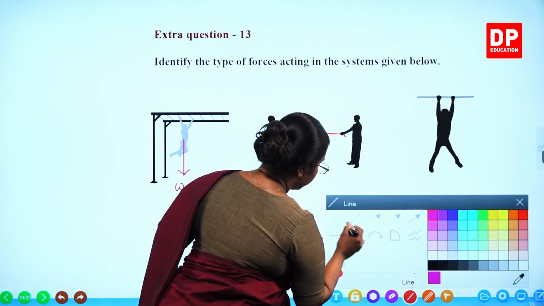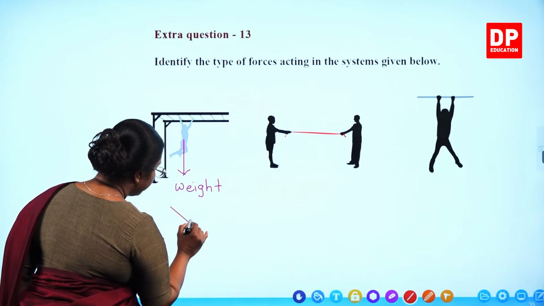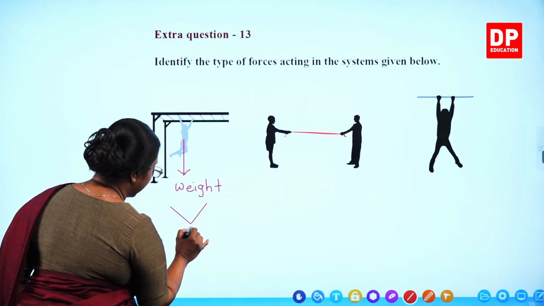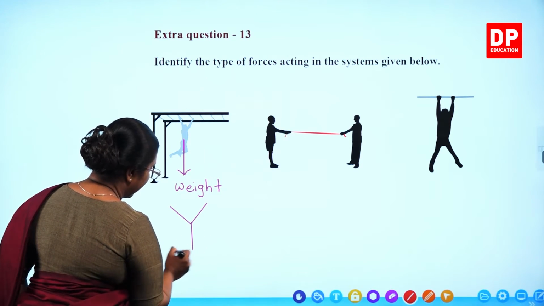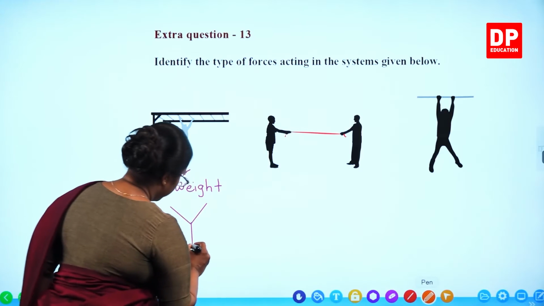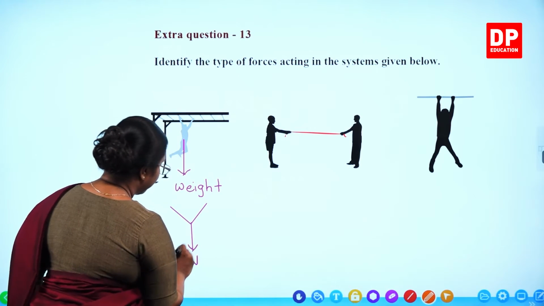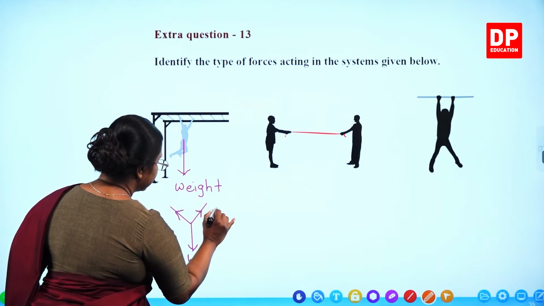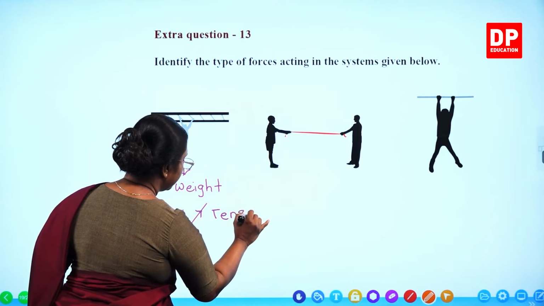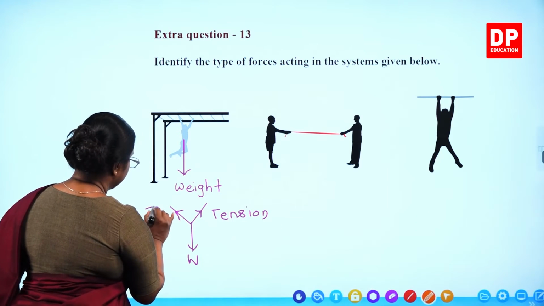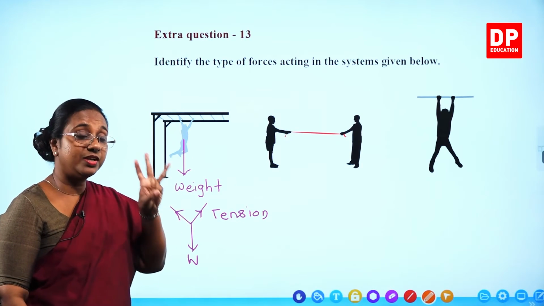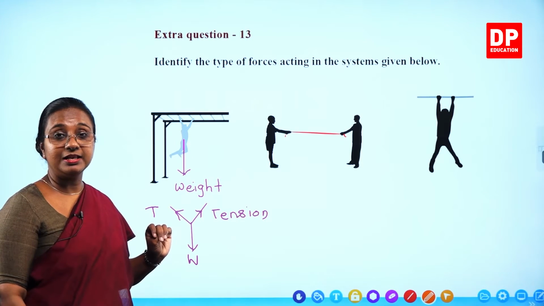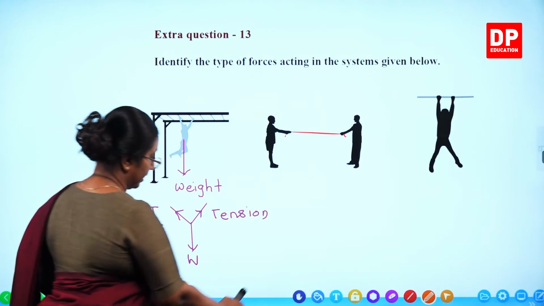If we draw the diagram, the forces are going to be at an angle like that, and the weight will act downwards. So, the weight is W and the tension is going to be at an angle. So, again, the system will have three forces that are coplanar, but they are not parallel.